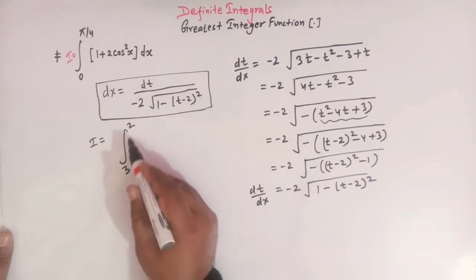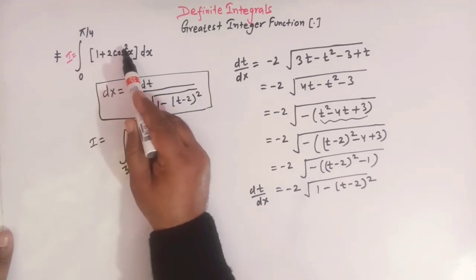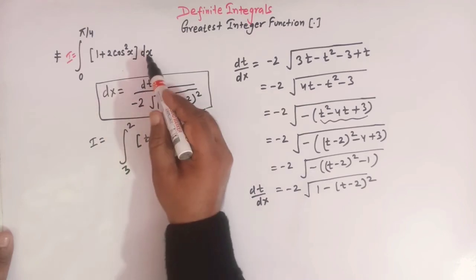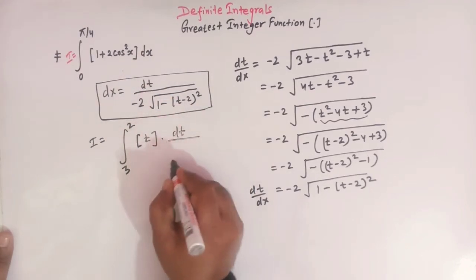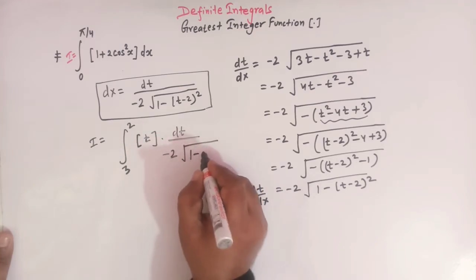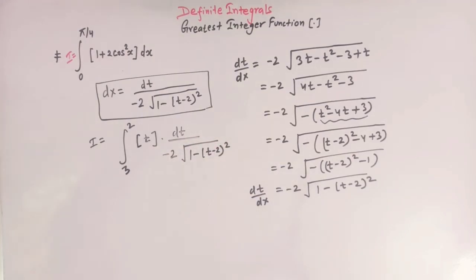So we have limits 3 to 2, and here 1 plus 2 cos square x is t, so we have greatest integer of t, and for dx we can now write dt over minus 2 times square root of 1 minus t minus 2 square, right?